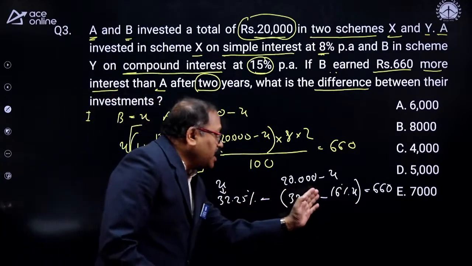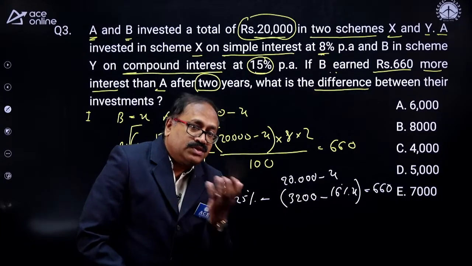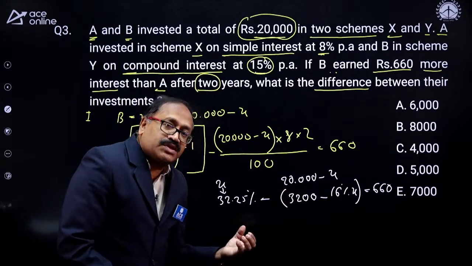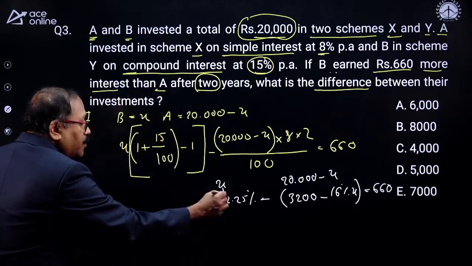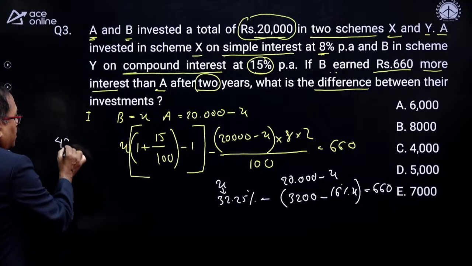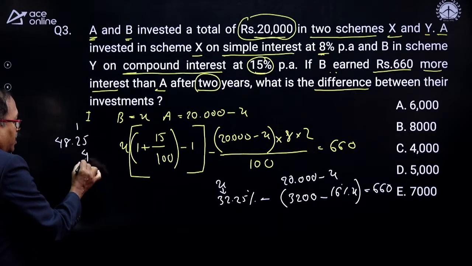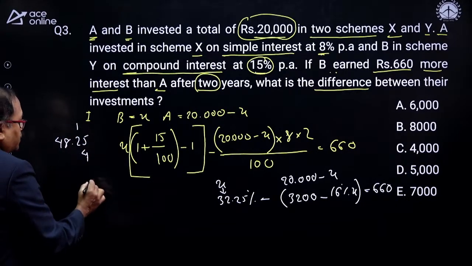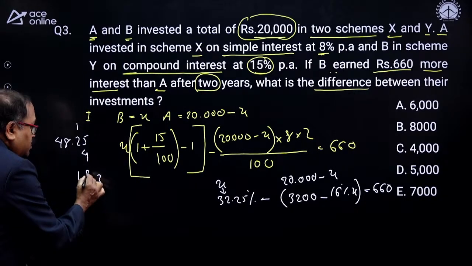Now when this is minus, the minus of minus will become plus. So what will happen here? 32.25 plus 16, that is 48.25. Now after that we need to cancel it. So can I write this 48.25 as 48 1 by 4? 32 plus 1 is 33, carry 3, and 4 4s are 16 plus 3 is 19.